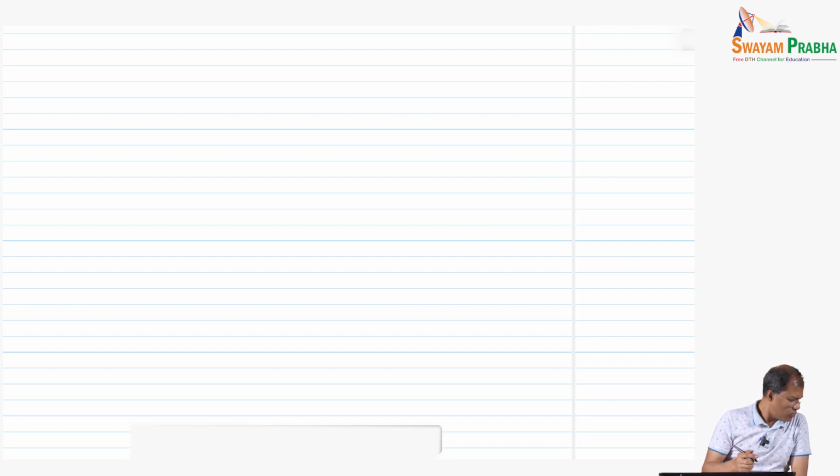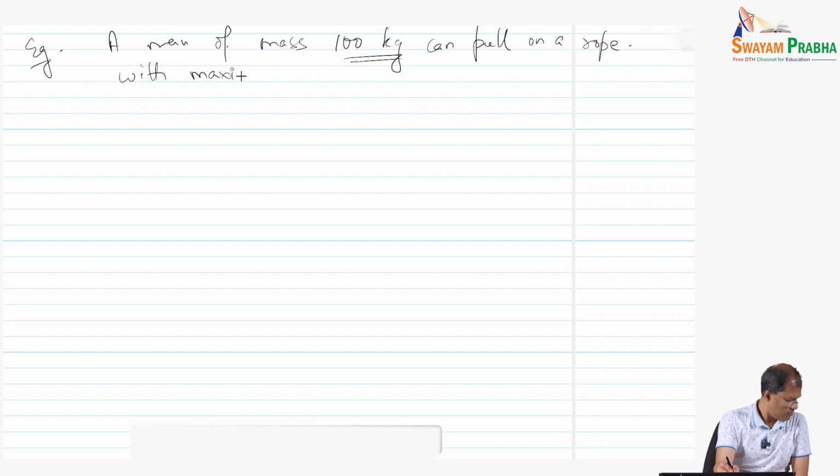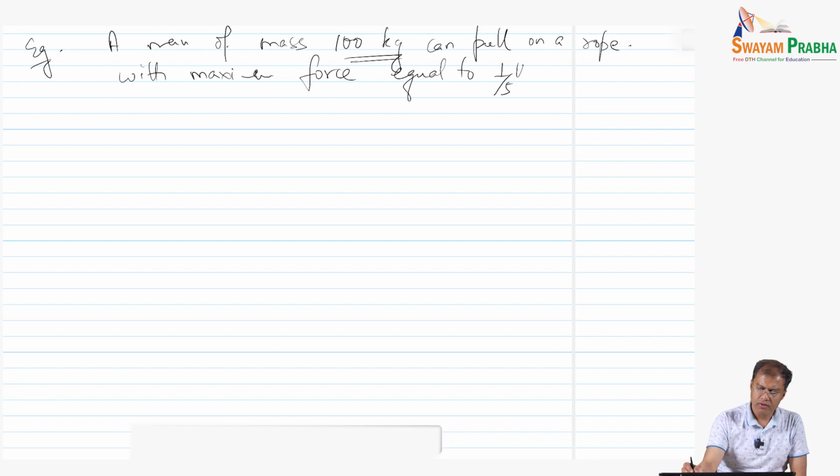So the problem says a man of mass 100 kg, which is quite heavy for a man, can pull on a rope with a maximum force equal to 1/5 of his own weight.